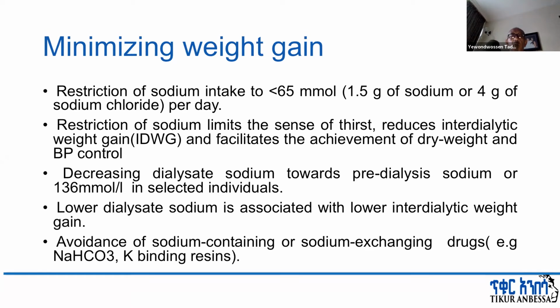We then want to do more ultrafiltration and cause more symptoms in patients. So by aiming for lower dialysate sodium, we can achieve lower interdialytic weight gain, and that would contribute to achievement of better blood pressure control.